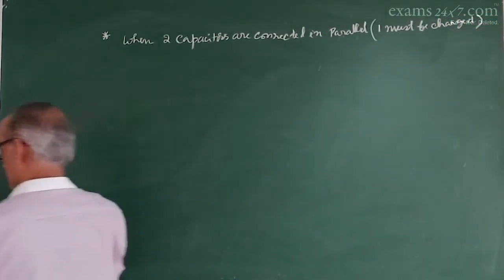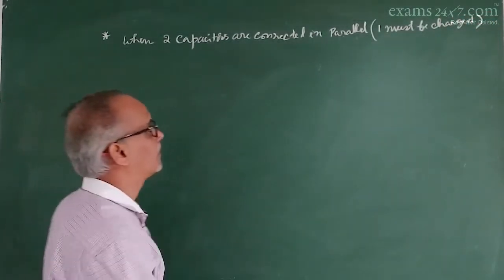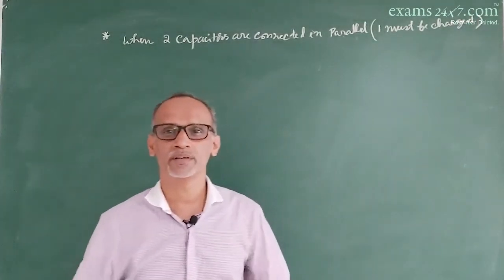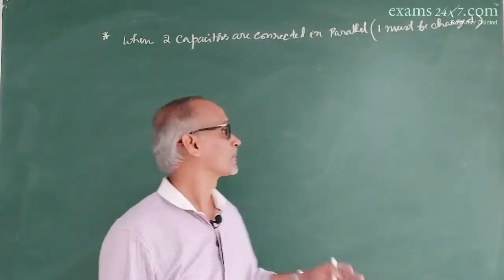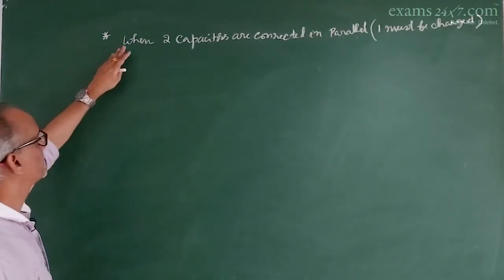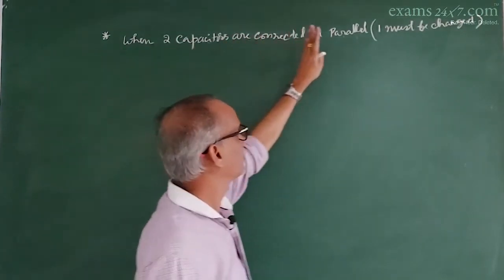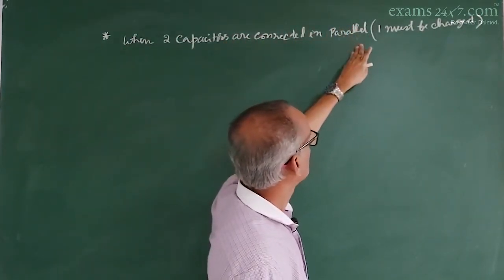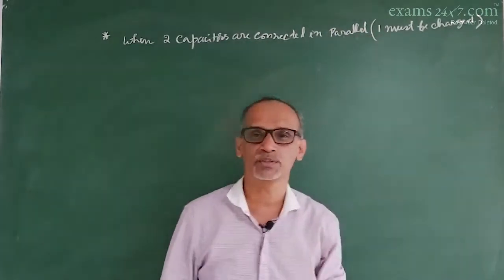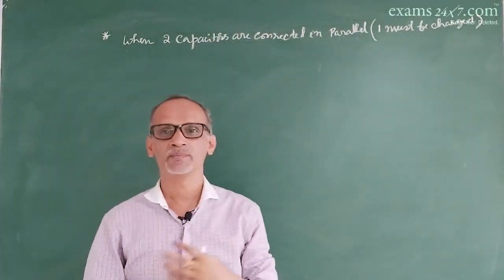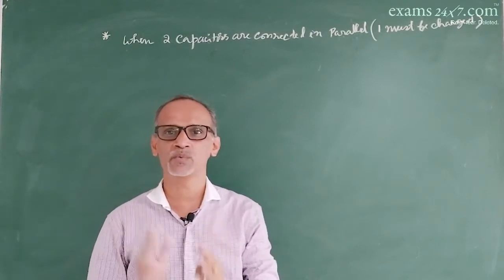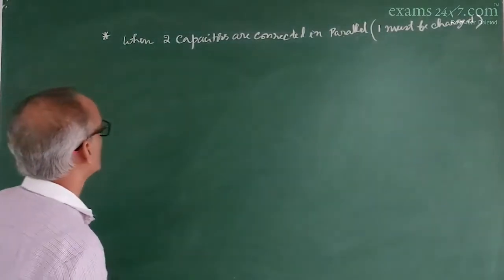Only then are all the equations that we are analyzing useful. So what is the concept here? When two capacitors are connected in parallel, we have to make sure that out of the two, at least one is charged. If both are charged, then it's fine, but at least one must be charged.